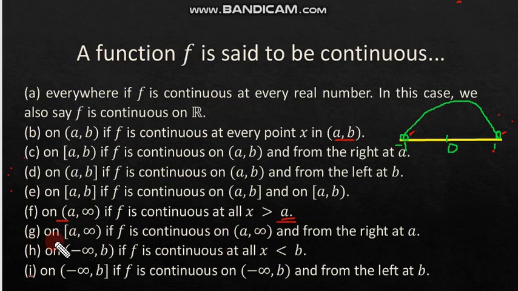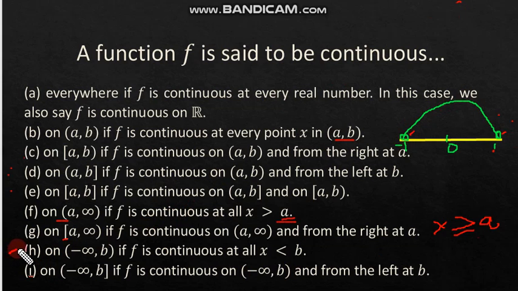Next is g on the interval [a, infinity), if our function is continuous from a to infinity and from the right at a. So it means all values of x which are greater, and since this is a square bracket, we will include the value of a. So from -1 to positive infinity.